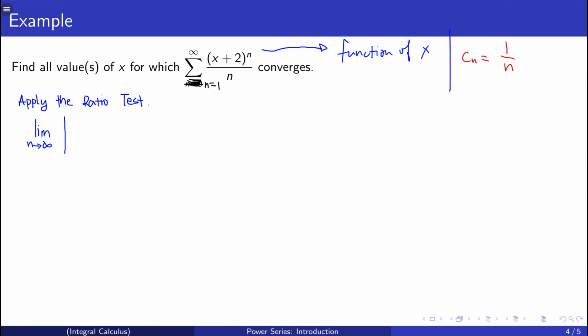So c_n is just 1 over n for all n larger than or equal to 1. So let's apply the ratio test. Your term is this whole thing with the x, but you replace n by n + 1, and I divide by the same term with n.